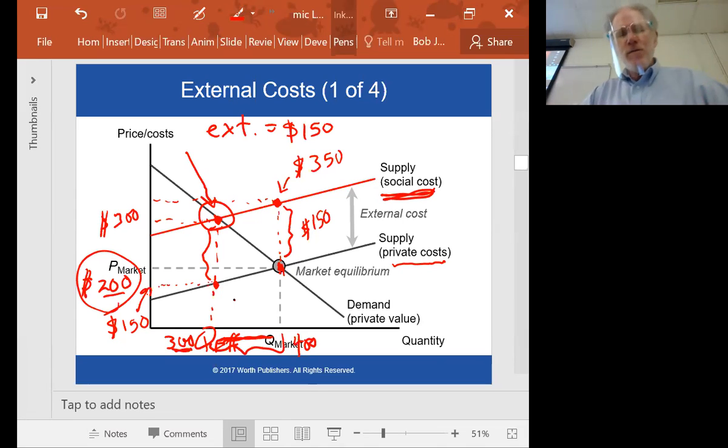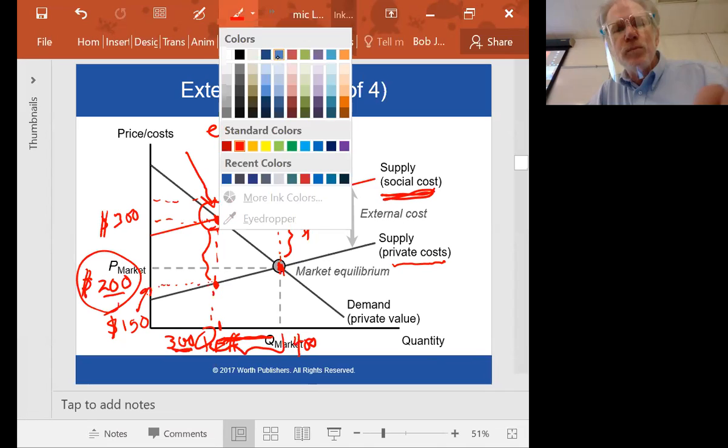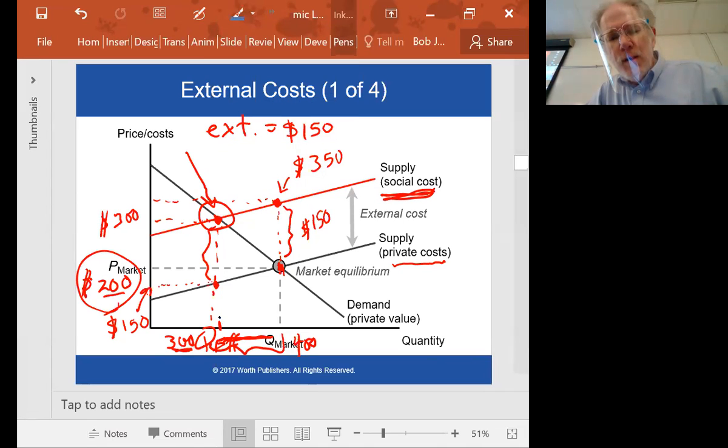And where is the inefficiency measured? Well, think about the 301st tire. What is that tire worth to a consumer? Well, you read up to the demand curve, so it would be worth a little bit less than $300. What is the cost of producing that tire?